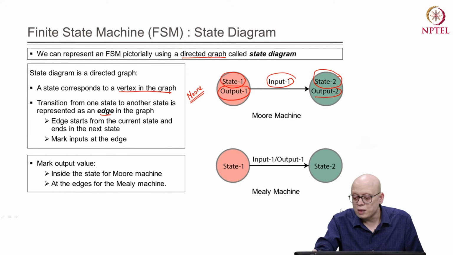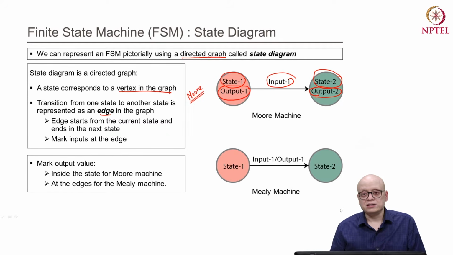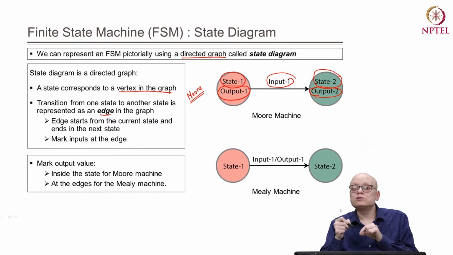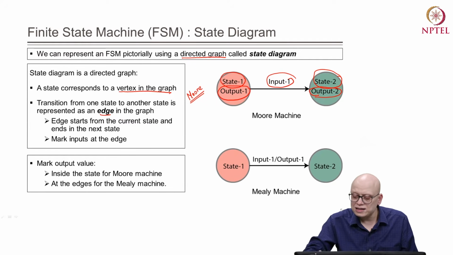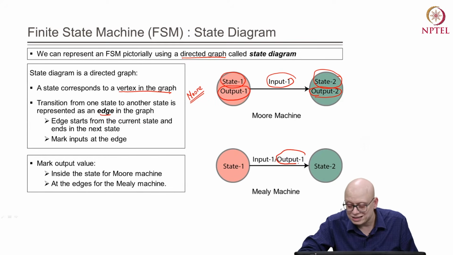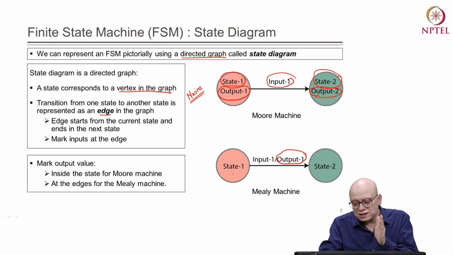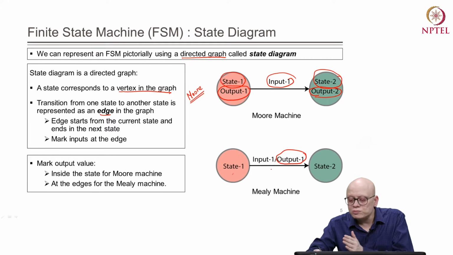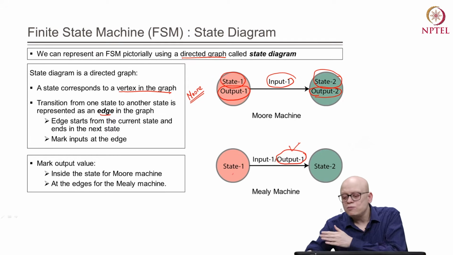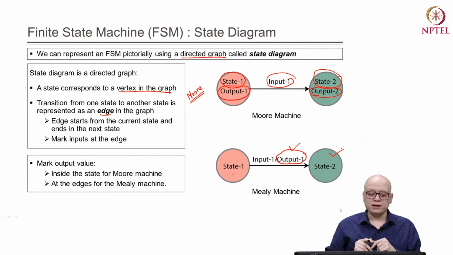Now, for a Mealy machine, the output depends not only on the current state, but also on the input. So, in that case, we mark the output on the edge. On the edge, we say that given a state and the input, what will be the output produced and what will be the next state.